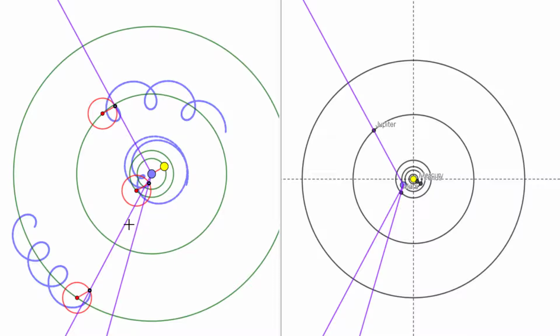Notice that at this scale at least, this epicycle, the relative orientation of the center out to the planet, is the same for all of these. And in fact, it's the same as the Earth to the Sun distance there.